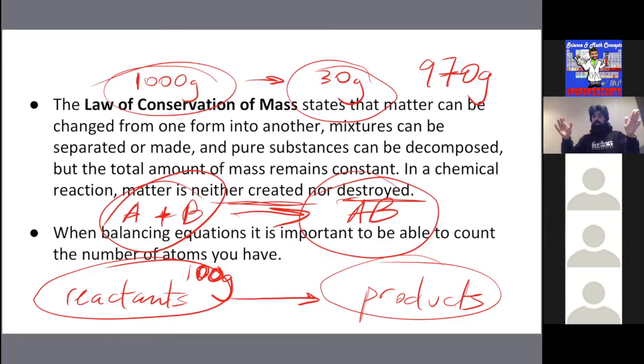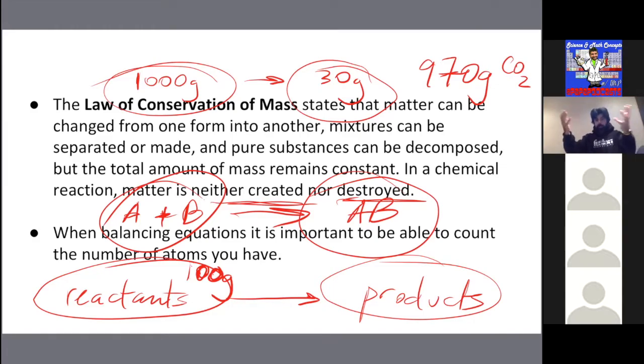Okay, but how was it lost? Well, in the example of that assignment question, this most likely was in the form of some kind of gas, whether it be carbon dioxide, because it was a burning reaction. It could have been any other kind of gas, but think about the gases all around our room, right? There's oxygen gas, there's nitrogen gas, there's carbon dioxide gas, there's water vapor.